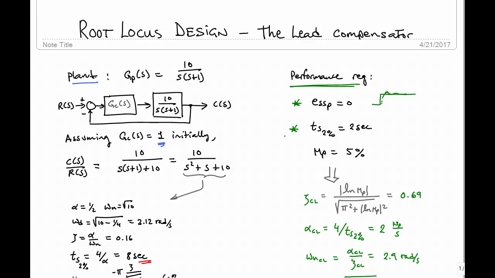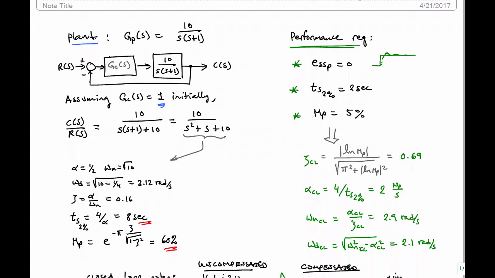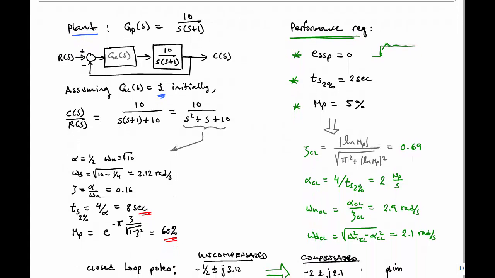Secondly, we'd like a settling time of 2 seconds, so 4 times faster than the system is originally, and we want an overshoot to be limited to 5%, so that must be reduced down from 60%. From these performance requirements, we can start thinking about where we would like the closed loop poles.